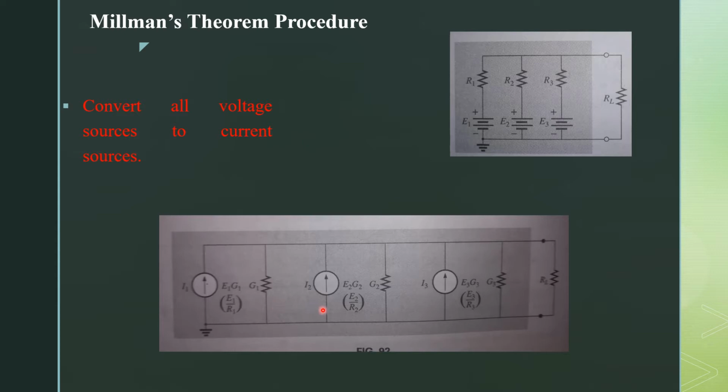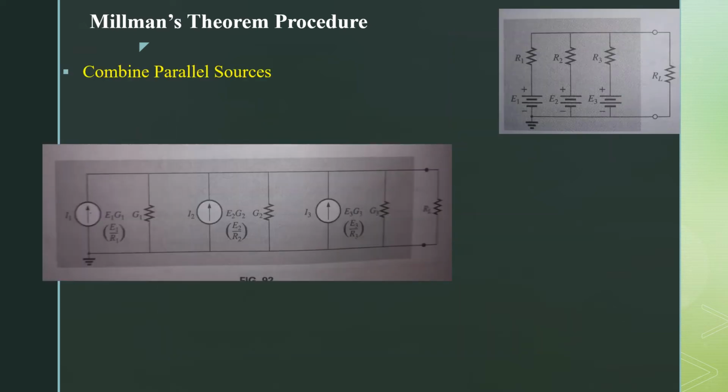Similarly, you can replace the second voltage source with a current source, and the third one is also replaced with a current source. In the second step, combine all these parallel sources. You will see that the direction of the current is upward. In this case, the direction of the current is also upward, and in the third source, the direction of the current is also upward.